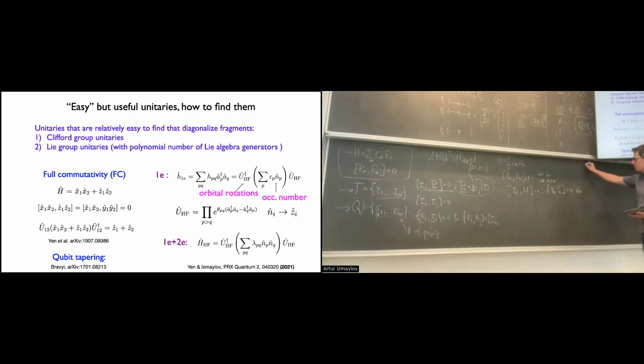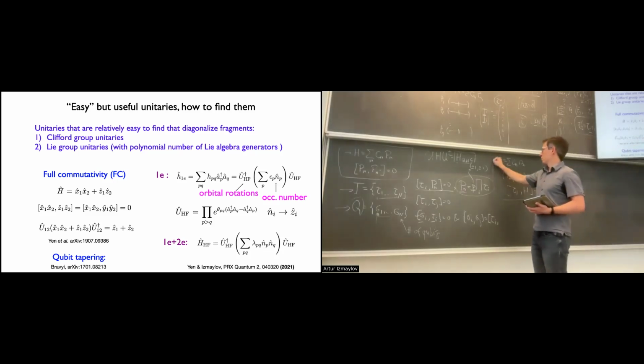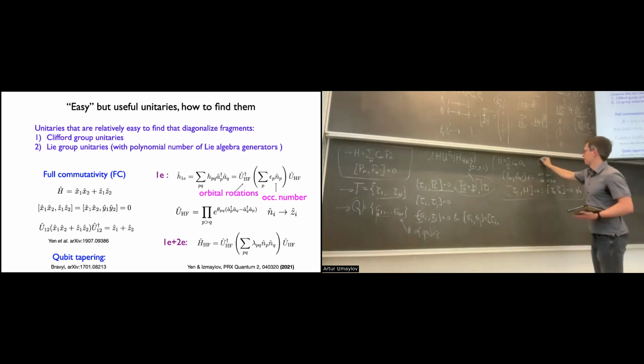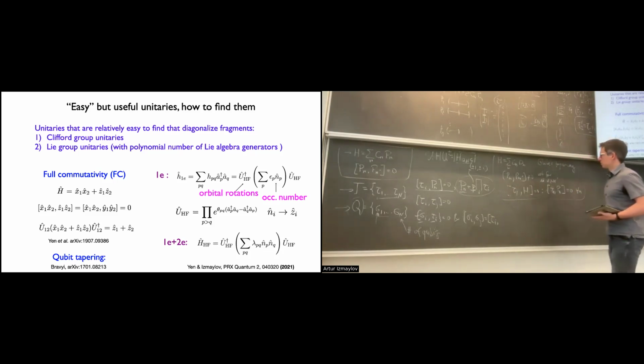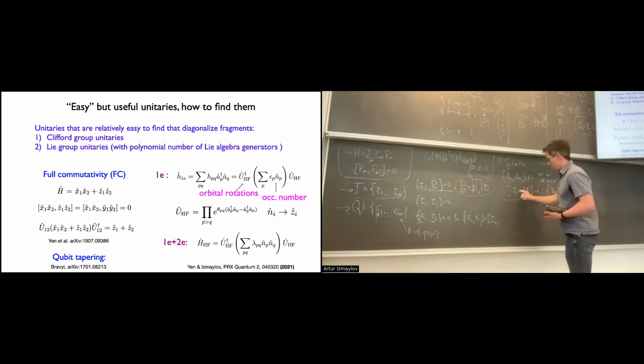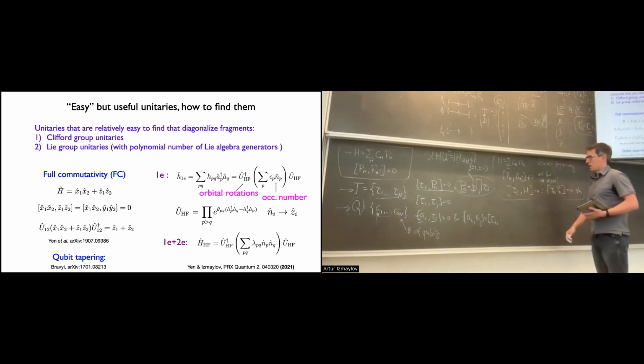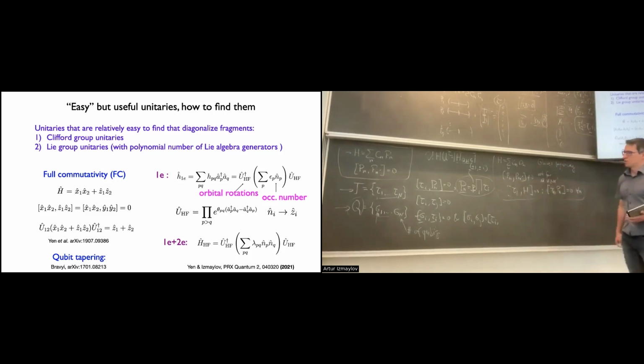That's the condition that we have for qubit tapering. And of course, it could be one such Pauli product outside of the H or inside the H, it doesn't really matter, or multiple. But let's say we have one. What can we do with this information?